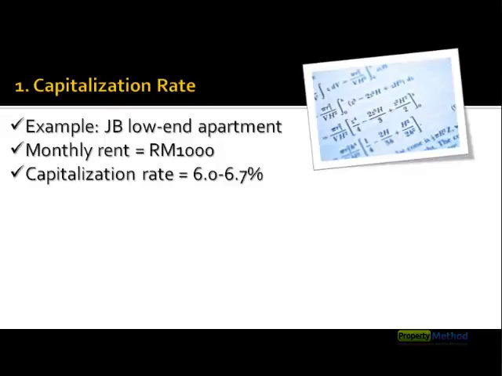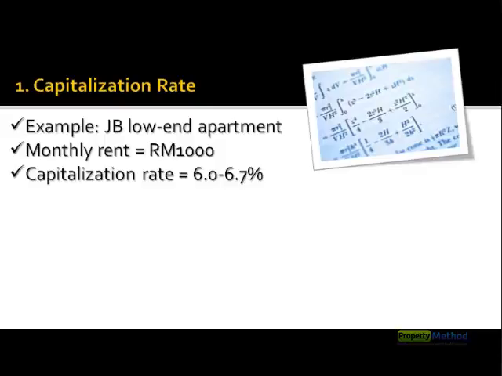But still, we can get an estimation of the capitalization rate from open market information. We can use information like monthly rent and the selling price in property listings to estimate the capitalization rate in an area. We just look for listings of similar properties in the same area and then use the average rental income as an estimated property annual income and the average property price as an estimate of the property value.